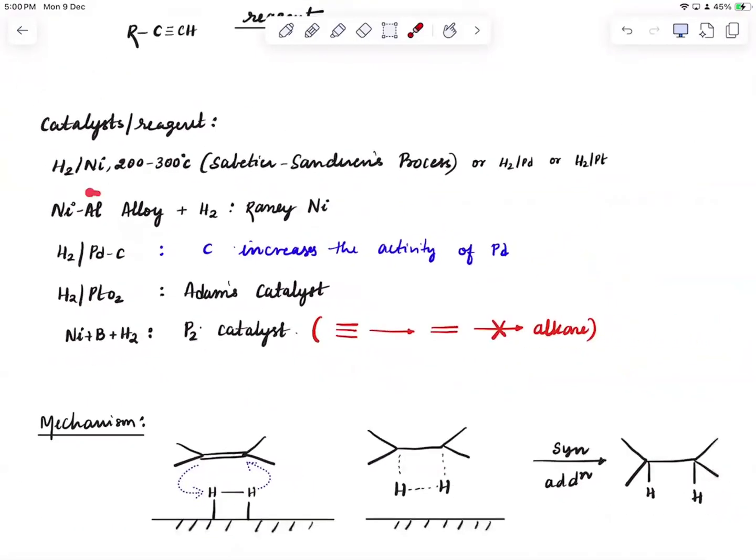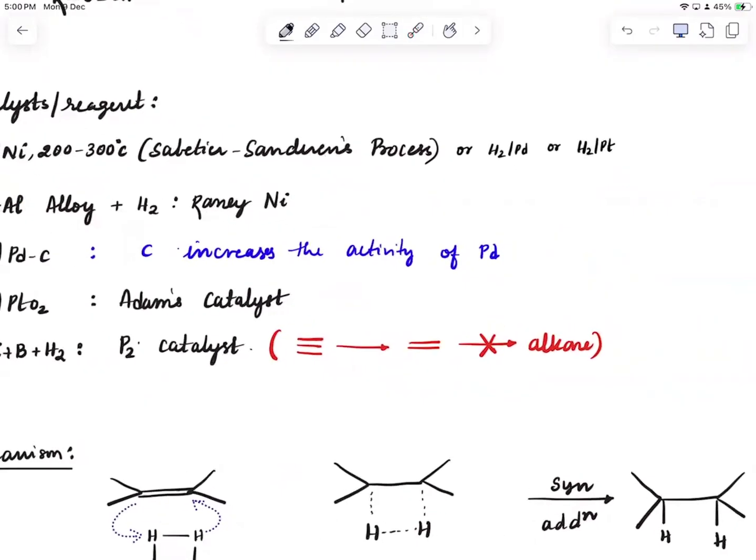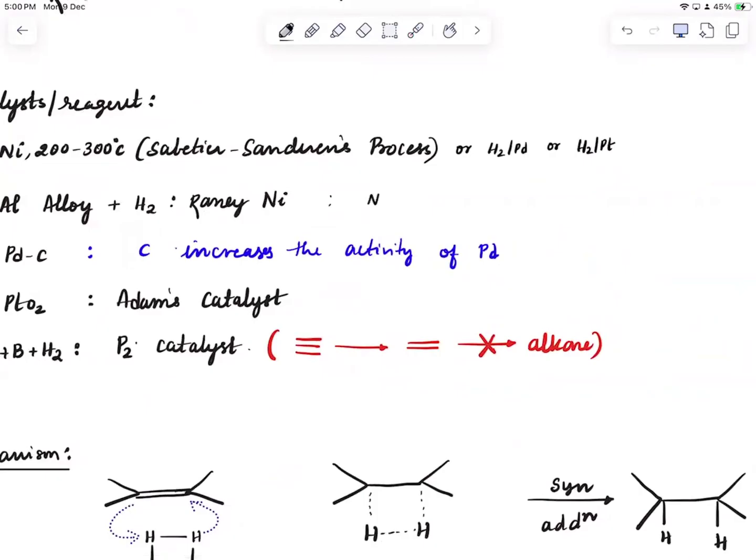Nickel alloy: when you take a nickel-aluminum alloy and react that with NaOH. See, typically how the reaction works is nickel plus aluminum plus NaOH. What happens is aluminum dissolves in the presence of NaOH, so that makes this an alloy of Ni and aluminum, in which you have nickel plus NaAlO2 and release of nascent hydrogens.